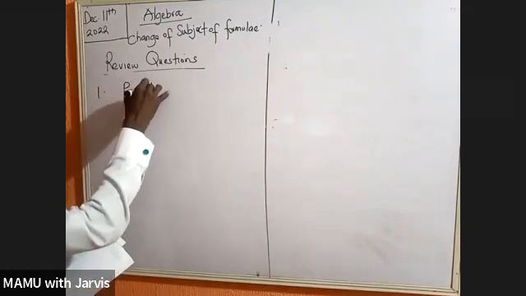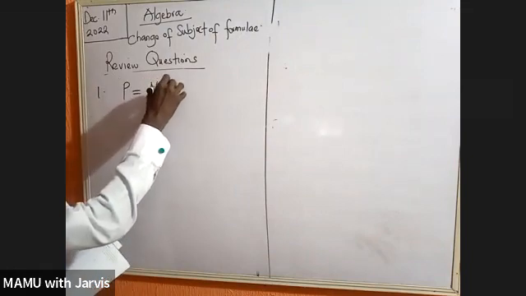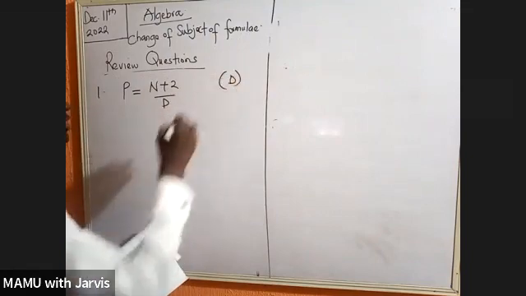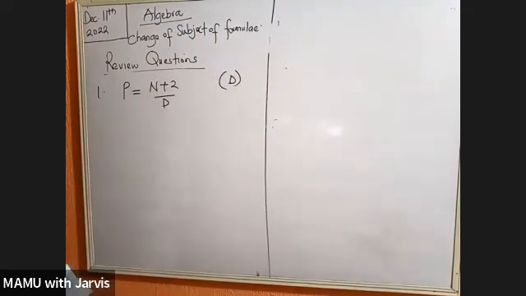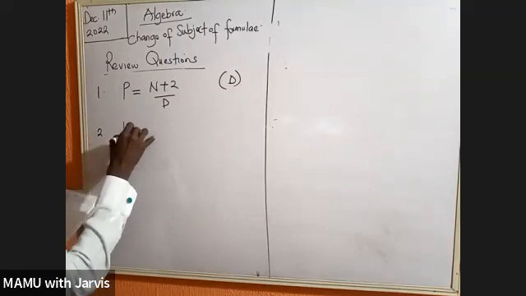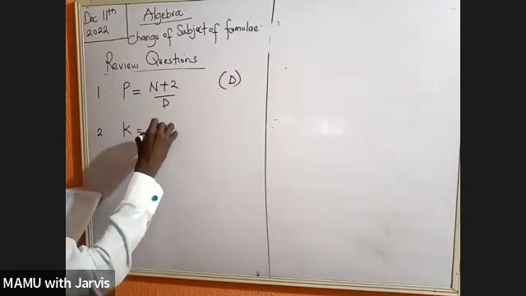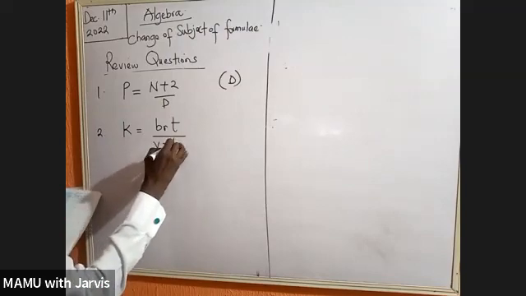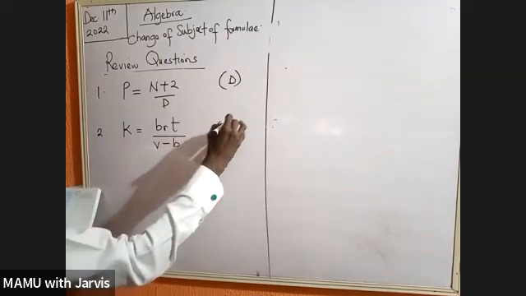P equal to N plus 2 over D. Make D the subject of the formula. Then look at number 2. K is equal to BRT over V minus B. Make B the subject of the formula.